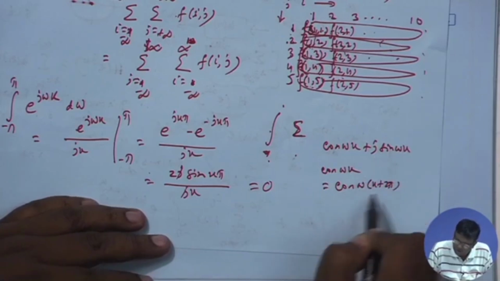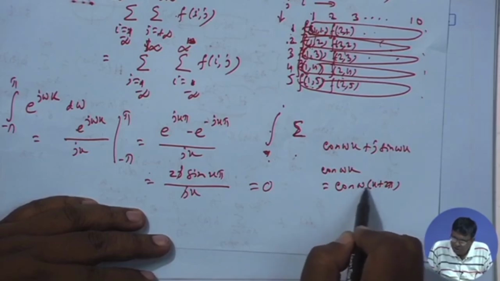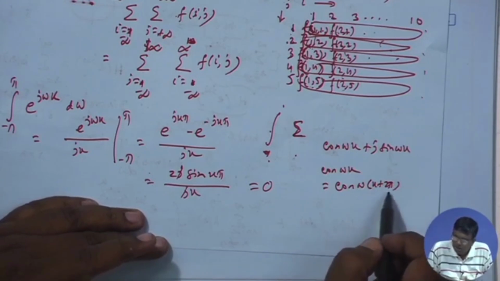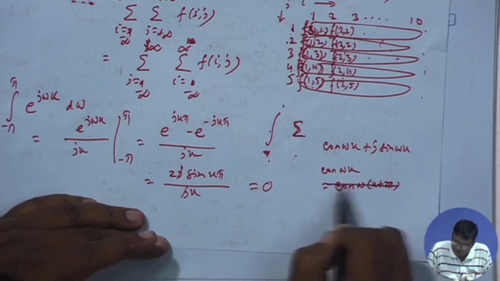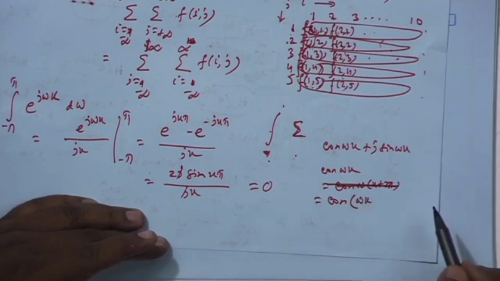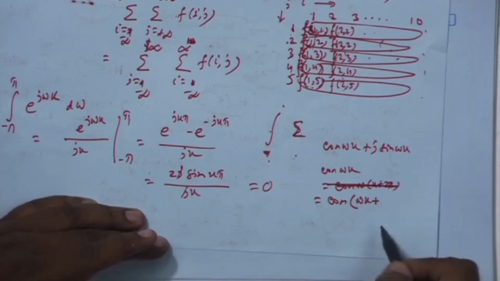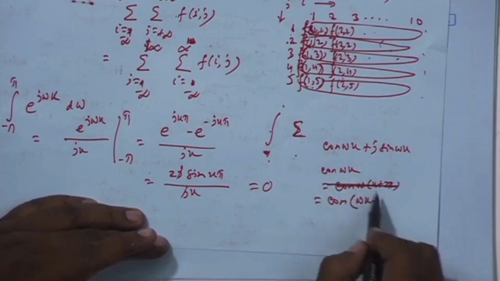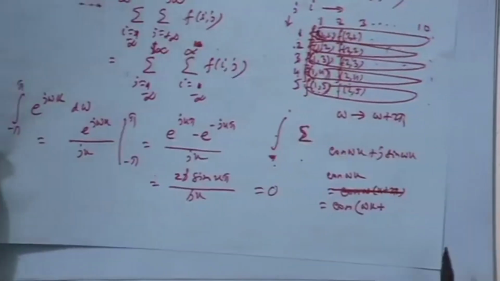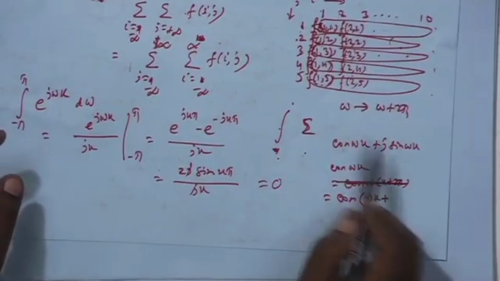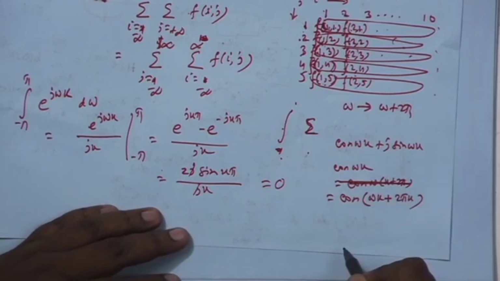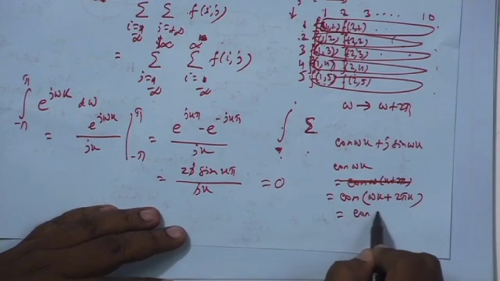If omega is moved to omega plus 2 pi, it will be omega k plus 2 pi k, but that is the same as cosine omega k.